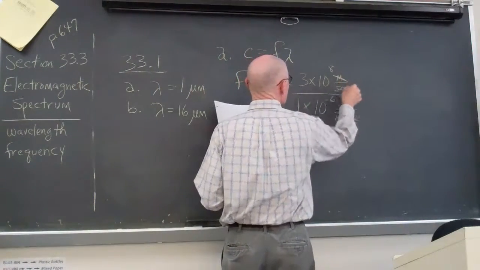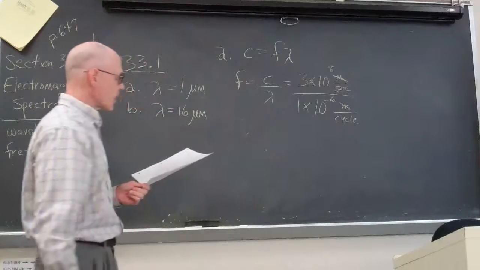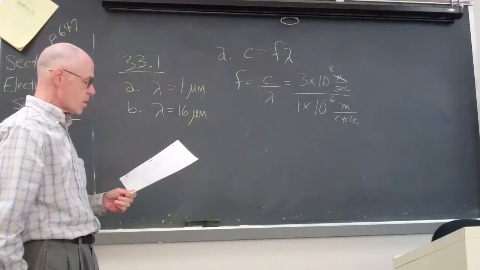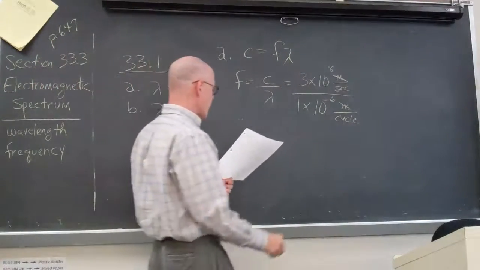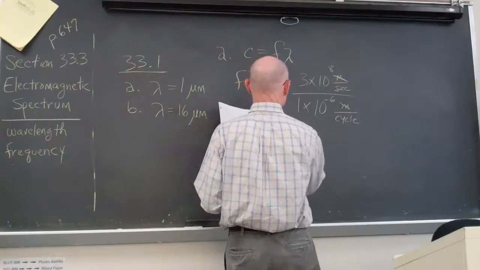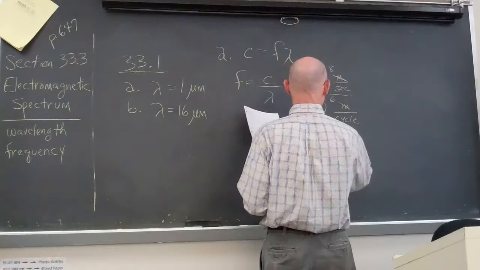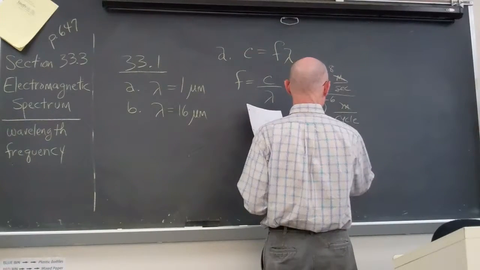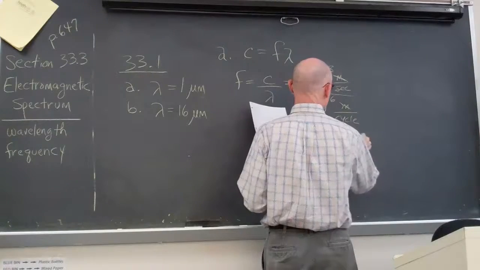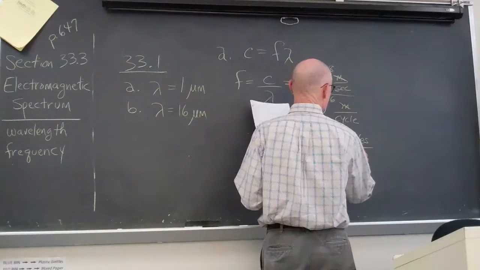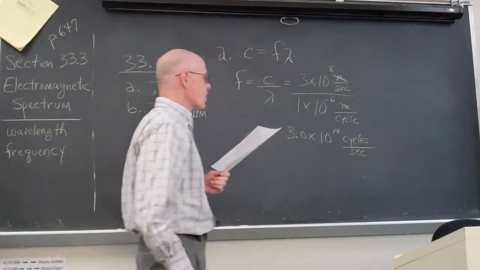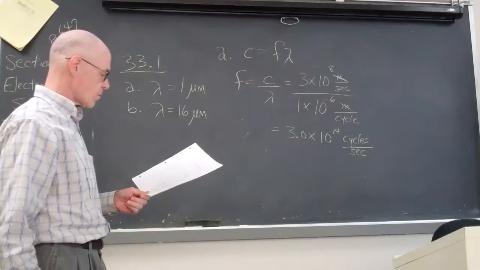And the meters units cancel out, and you're left with cycles per second, or hertz. So that should turn out to be 3 times 10 to the 14. And you could show the units as cycles per second or hertz.